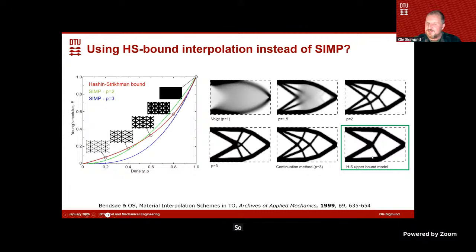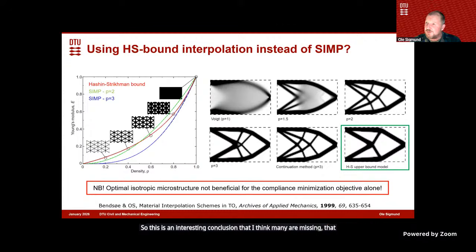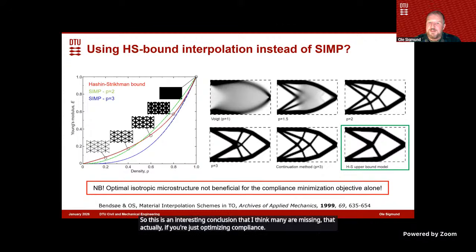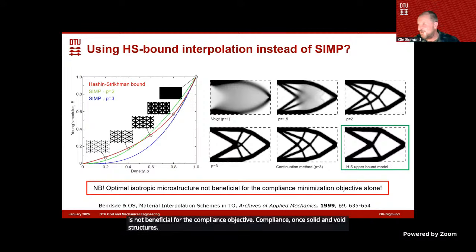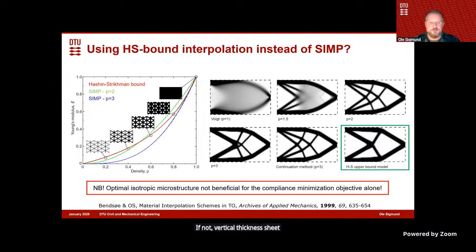So this is an interesting conclusion that I think many are missing, that actually if you're just optimizing compliance, then having an optimal triangular isotropic microstructure in there is not beneficial for the compliance objective. Compliance wants solid and void structures, if not variable thickness sheet, which is only possible in 2D. So this is an important observation. So this was an explanation of the SIMP law.